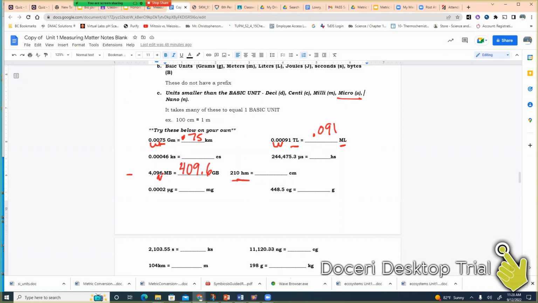So when I'm going hecta to centimeters, how many places am I moving? 4, right? Am I moving 4 to the right or 4 to the left? Right. So my number should be getting bigger. So my decimal is behind that 0, so I need to move it 4 places. So I would end up having 5.